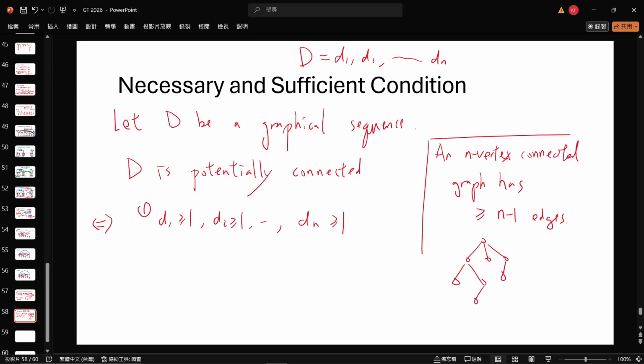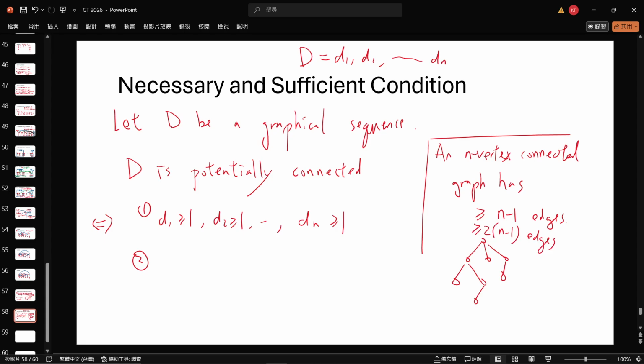Okay, so edges, transferring to degrees, it's like a factor of 2. So if you have at least m minus 1 edges, this means you have twice the number of edges.